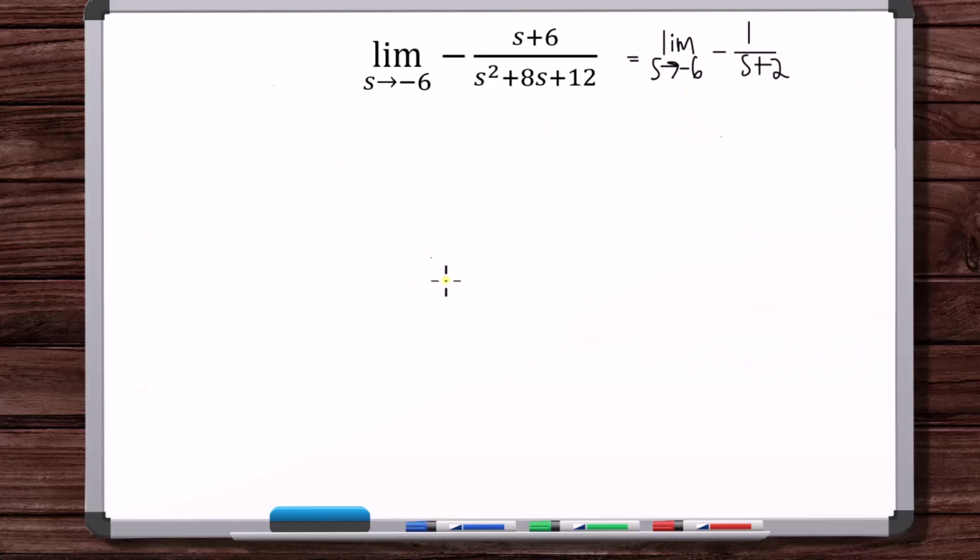Well, we know that since we just have a continuous curve, and then when we get to some point we put a hole at a single point and then just continue on with the curve, the limit is just what the function would be equal to if there's no hole here. So we just plug in minus 6 into here. So minus 6 plus 2, minus 1 over that, so 1/4. This limit is equal to 1/4.